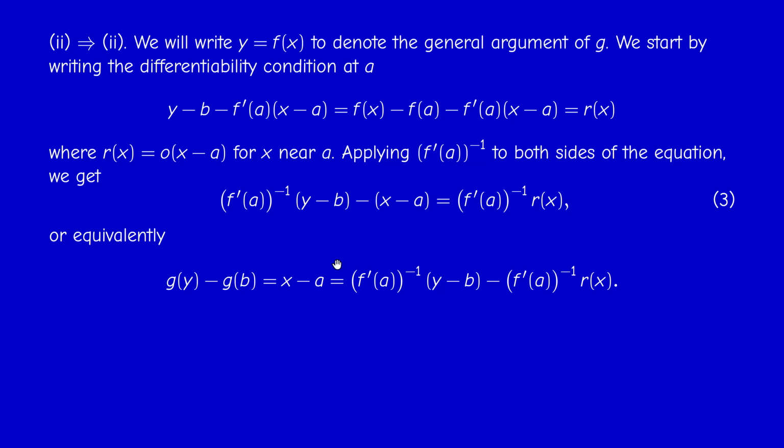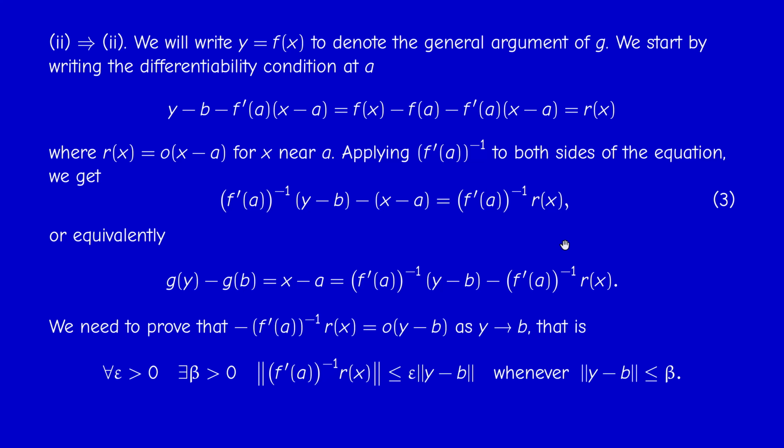Okay? And we see here that the linear part in Y is this term. So if you prove that this is a small o of Y minus B, we are done. Because we are going to prove that G is differentiable at B. And necessarily then, the derivative at B is this guy. Okay, so this is what we are going to prove.